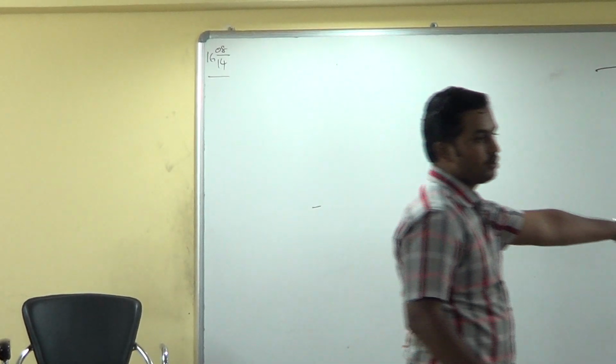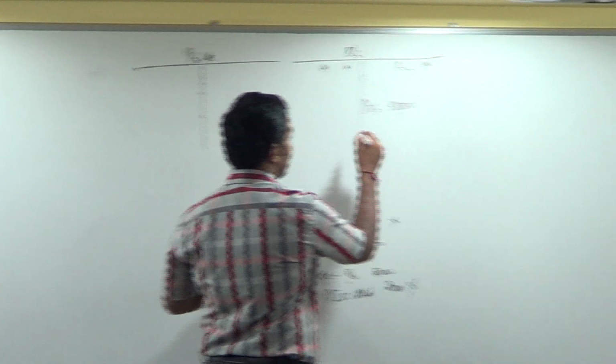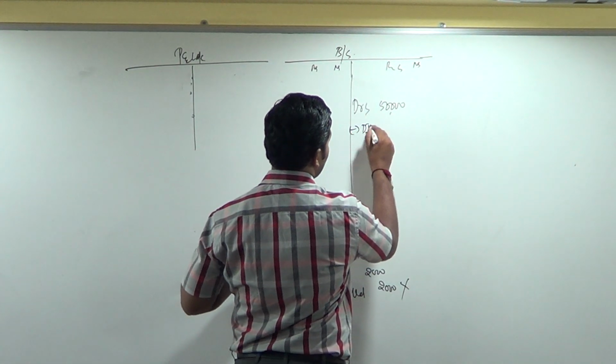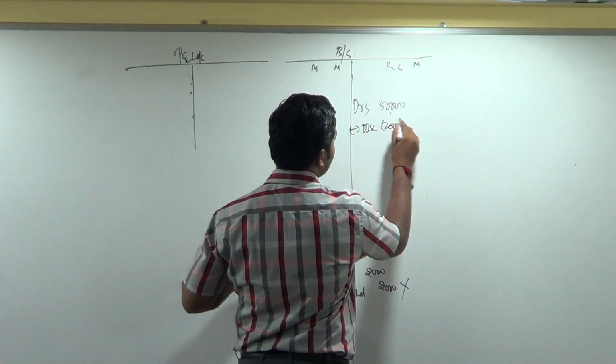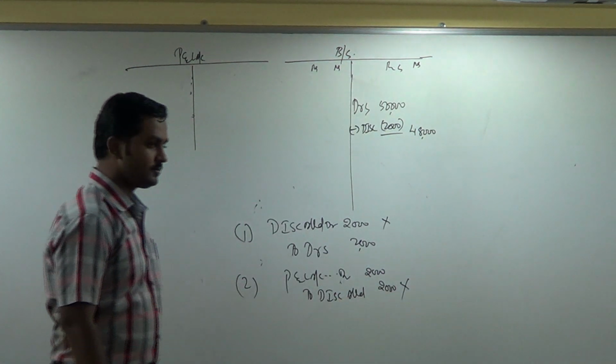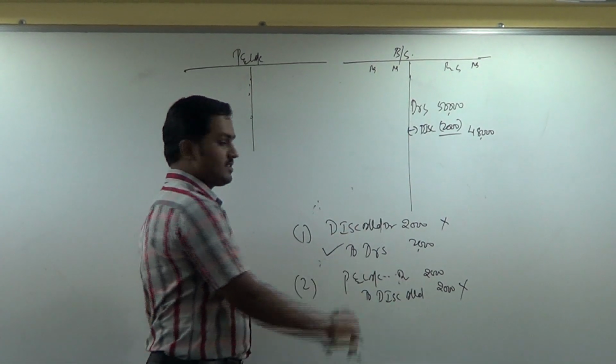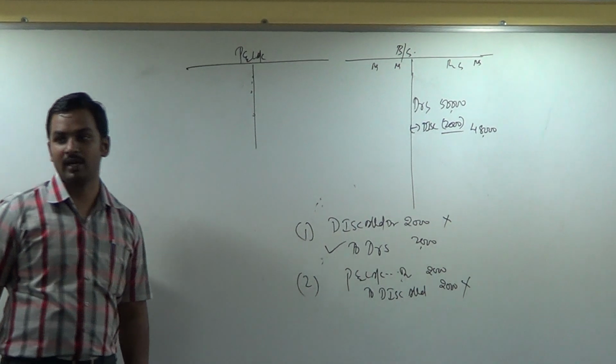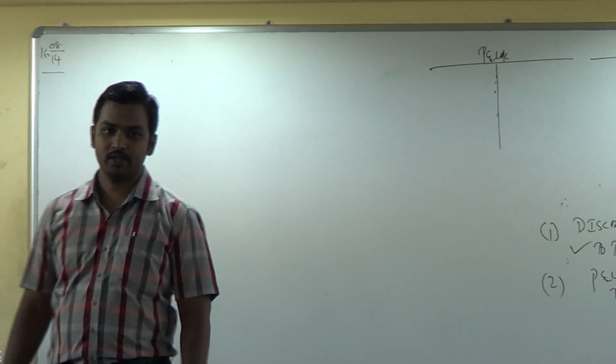So this entry is asking you to reduce the balance in debtors. Less discount 2,000, outer column 48,000. We have reduced it.